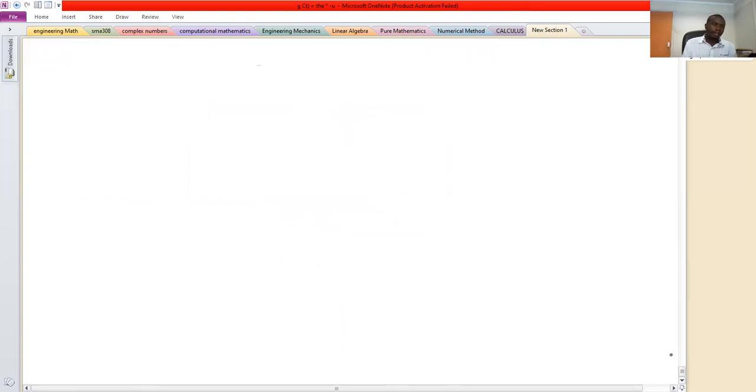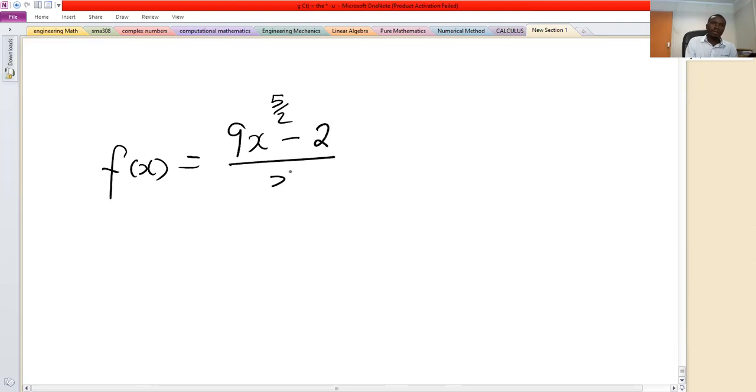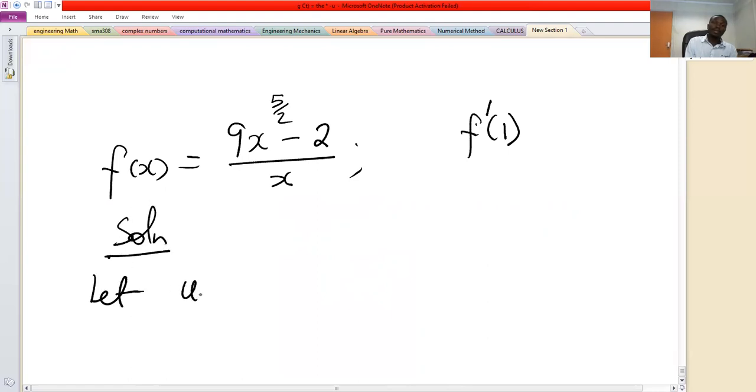And lastly, if you are given that f of x is given by (9x to the power 5/2 minus 2) over x, evaluate the value of the derivative when x is 1. So, solution: let u be 9x to the power 5/2 minus 2 and v be x.